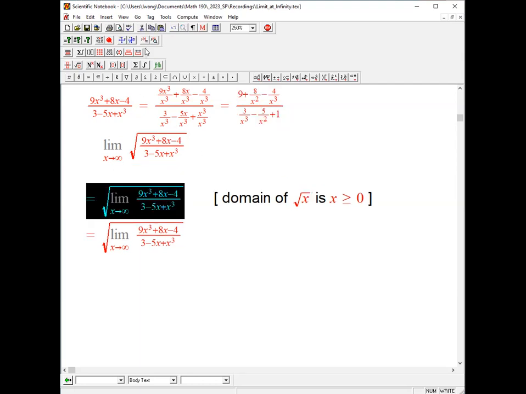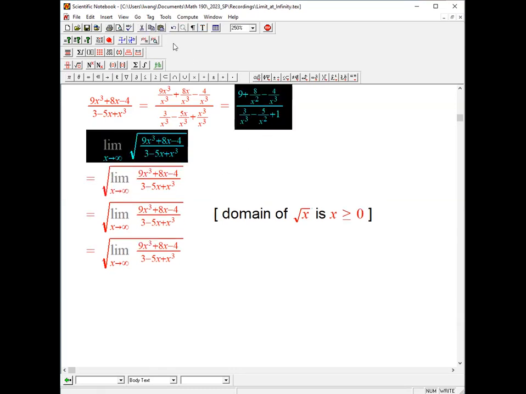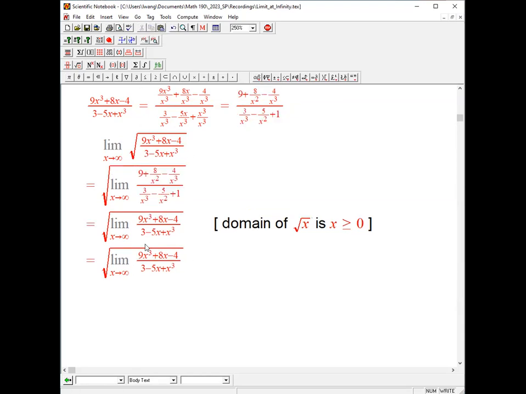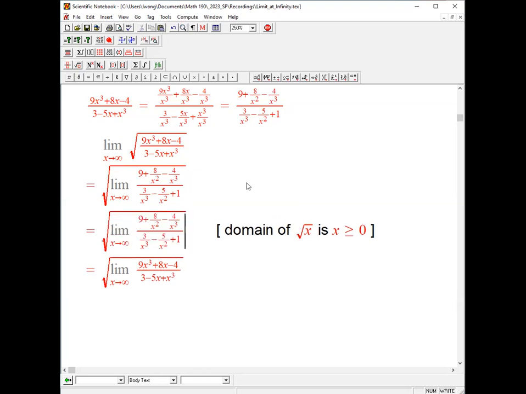So this one goes here. I'm going to bring this piece in, and then we can put the limit inside. We need to have that order properly because the inside limit has to exist.